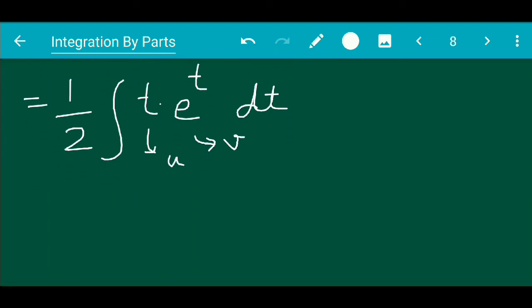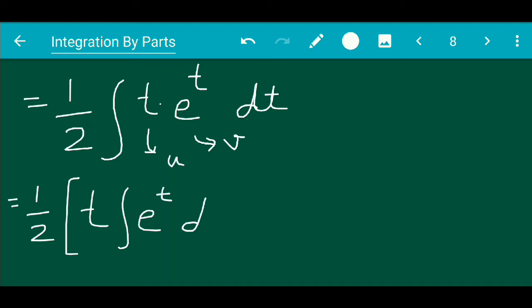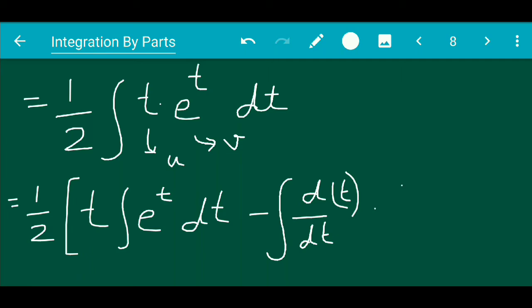So keeping 1 upon 2 outside itself, we get t the integral of e raised to t dt minus the integral of d dt of t. Here we are integrating with respect to t, remember that. So d dt of t into the integral of e raised to t dt the whole into dt.